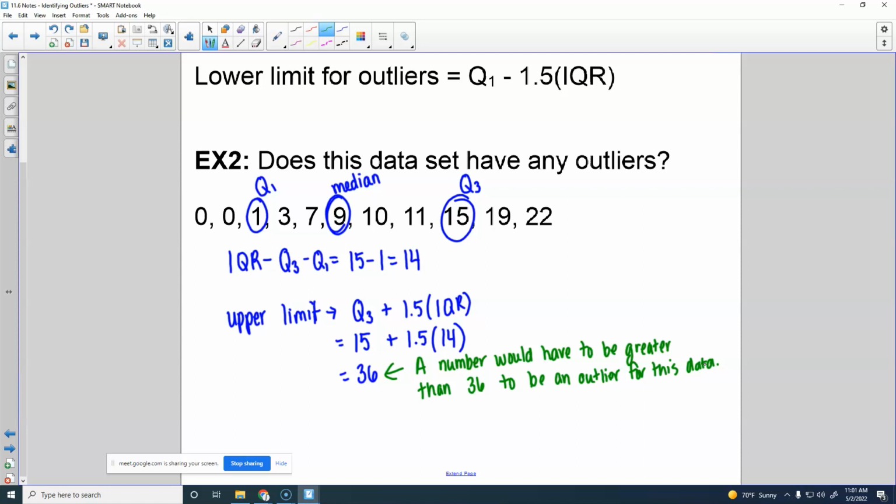We need to also test for lower outliers. And for the lower outlier, you're going to take the first quartile, and this time we're looking for numbers lower than that first quartile, so we subtract 1.5 times IQR.